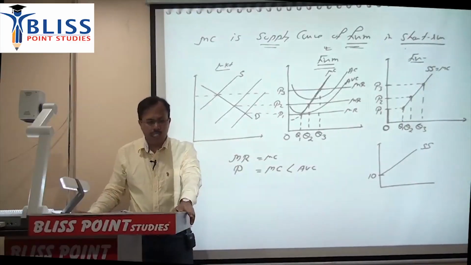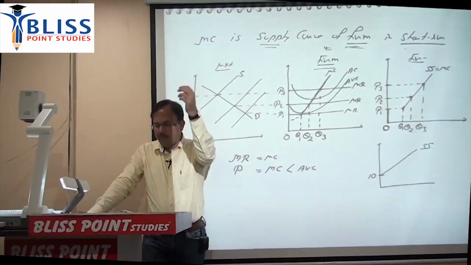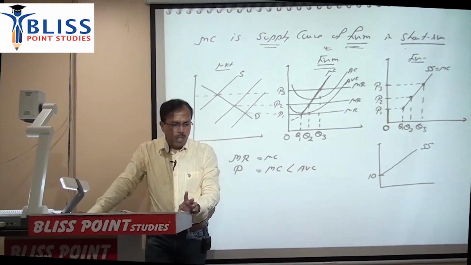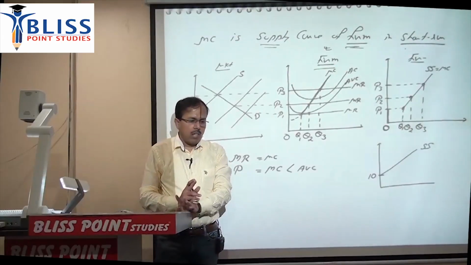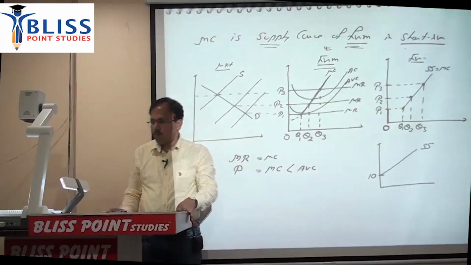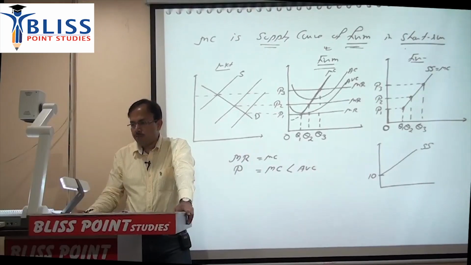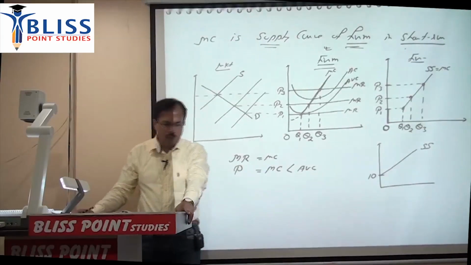When MC is less than AVC, then equating price with marginal cost implies that price will be less than average variable cost.